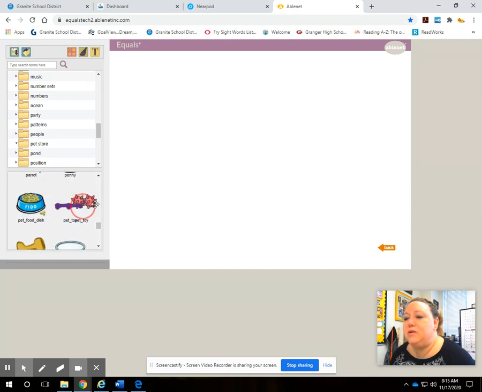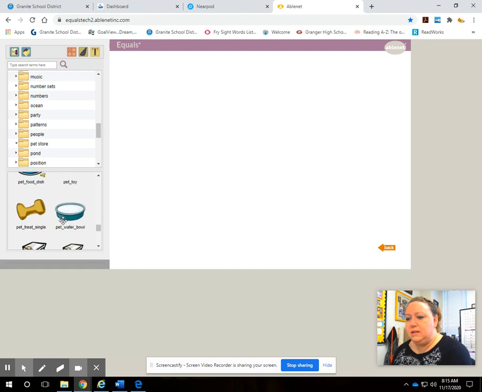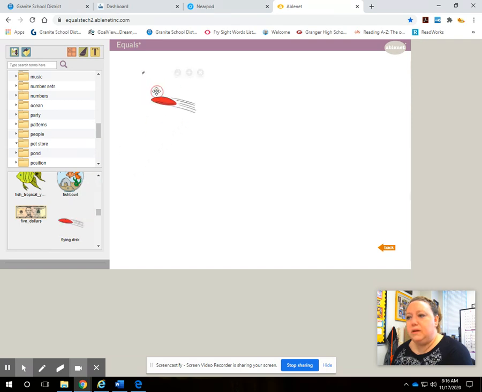There's some pet toys, right? That's 2 though. I don't want to use that one. Let's find a different one. No, I don't like how it has 2. That's not my favorite. Oh, let's do this. This is a dog toy. We have a flying disc, right?